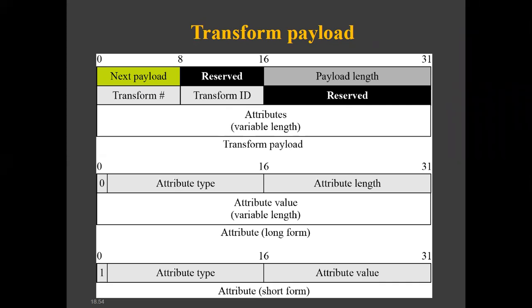So the attribute type subfield defines the type of attribute as defined in DOI, that is domain of interpretation. The attribute length subfield, if present, defines the length of the attribute value. And the attribute value field is 2 bytes in the short form or of variable length in the long form.